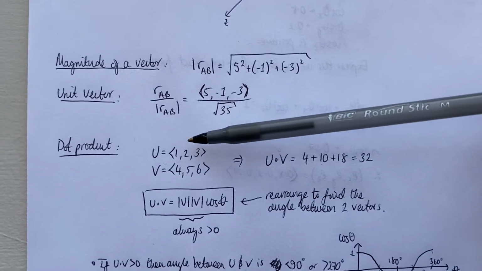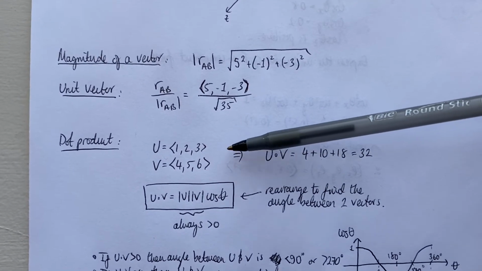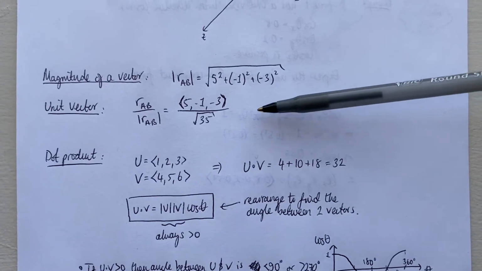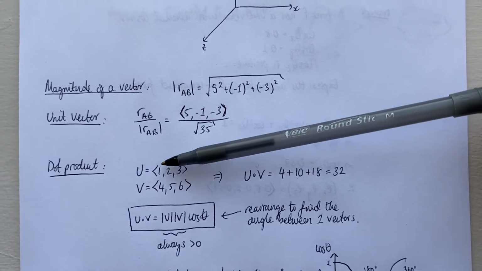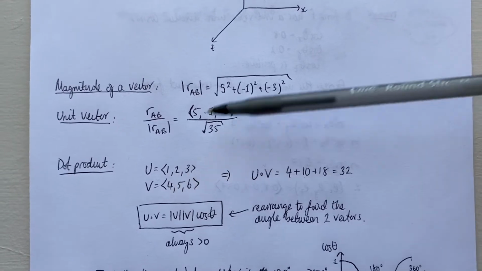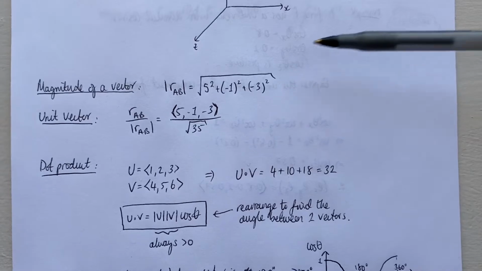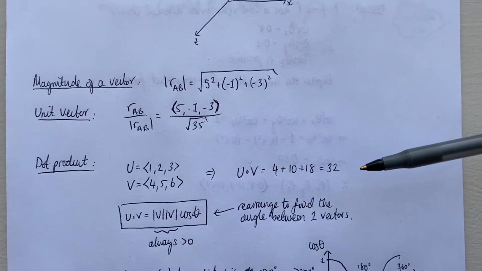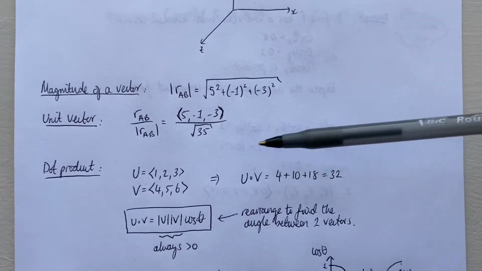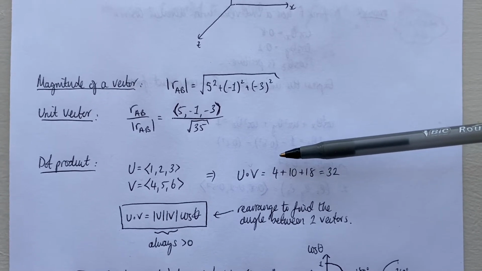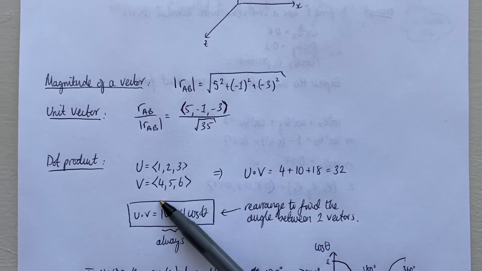So if we have two vectors, arbitrary vectors here, u and v, the dot product is just the sum of the components multiplied together. So we do 1 times 4 plus 2 times 5 plus 3 times 6, right? But the dot product is mainly useful for finding the angle between two vectors. So this is the formula here.